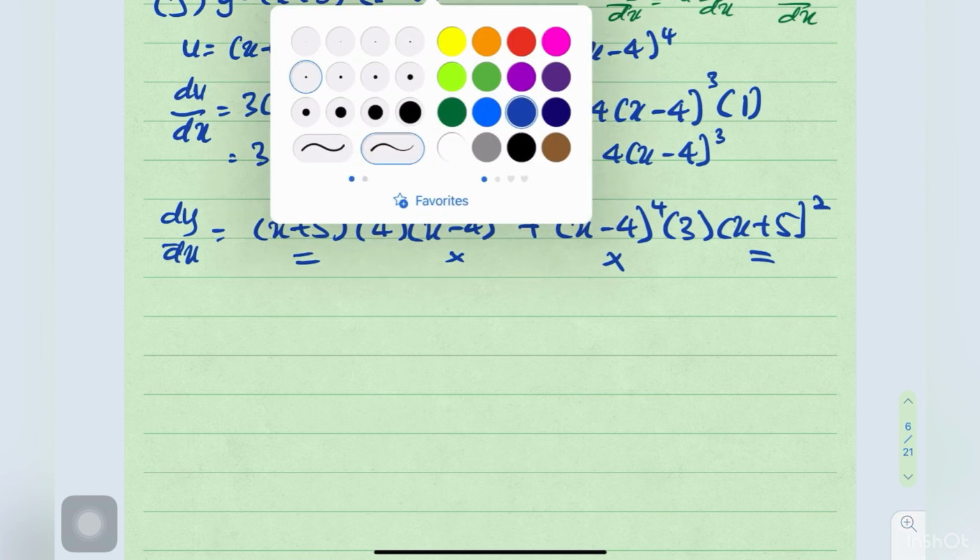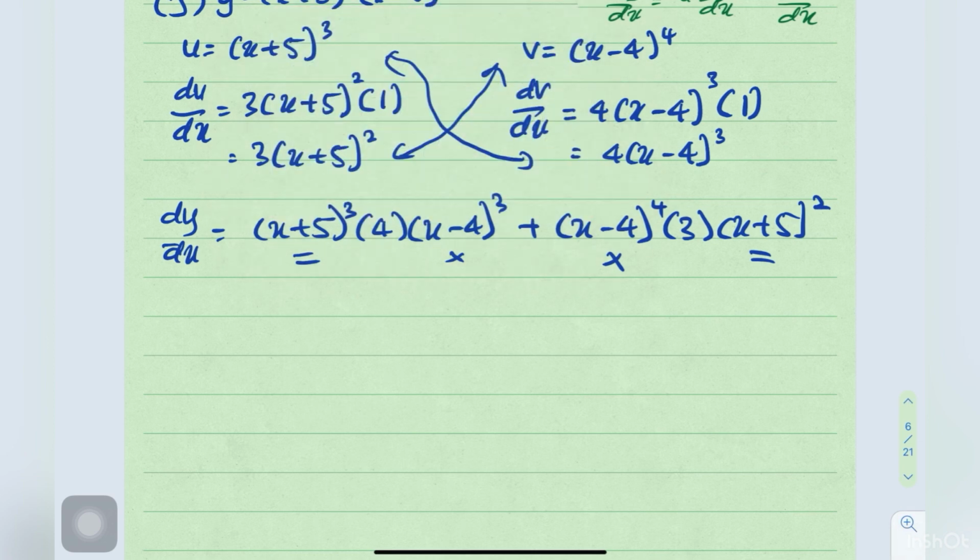Okay, let's say I factorize this one first: (x plus 5) cubed and (x plus 5) squared. So we choose the smaller one, so we factorize (x plus 5) squared.